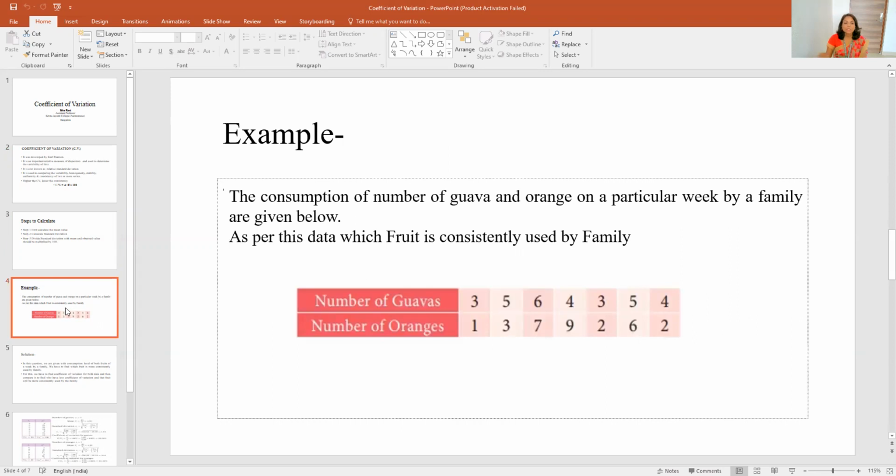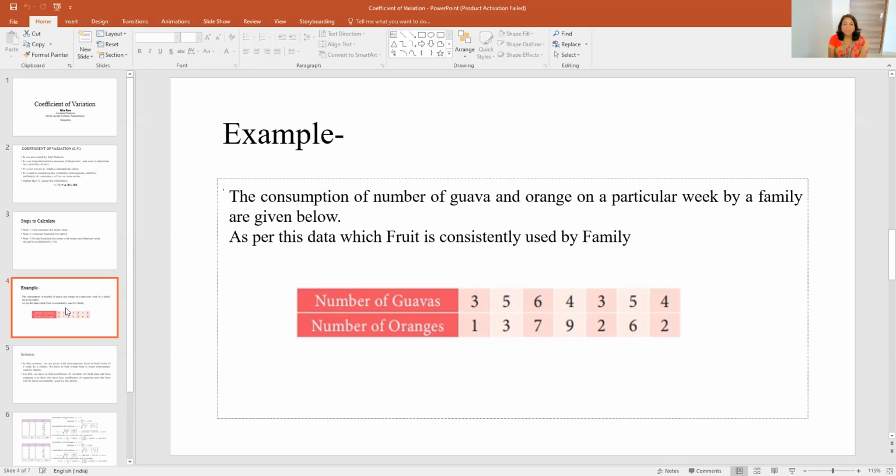I'll explain the concept of coefficient of variation with this example. The question is: the consumption of number of guavas and oranges in a particular week by a family is given below. As per this data, which fruit is consistently used by the family? In this question, they have not asked you to calculate the coefficient of variation.